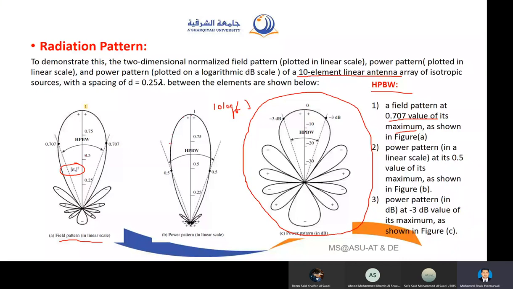If you know the power value, in that case, you should equate it to 0.5. If it is in decibels, you should equate it to minus 3 dB. I think yesterday I asked a short quiz based on this, right?